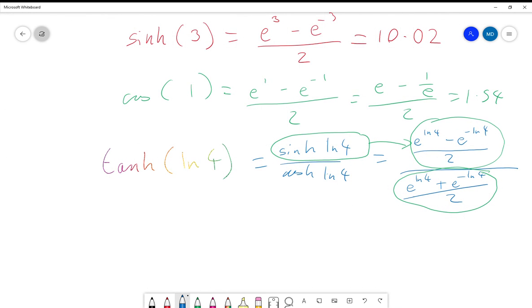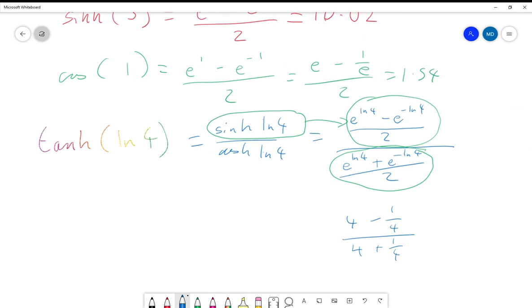Cancelling those down, we get 4 minus 1 over 4, over 4 plus 1 over 4, which is equal to 15 quarters over 17 quarters, which is 15 over 17.